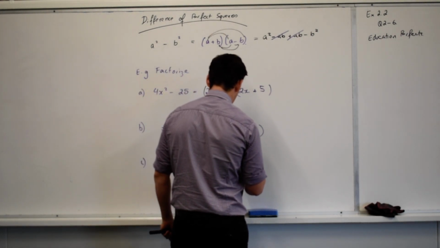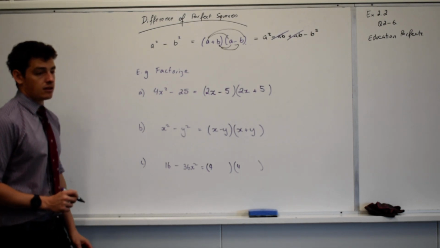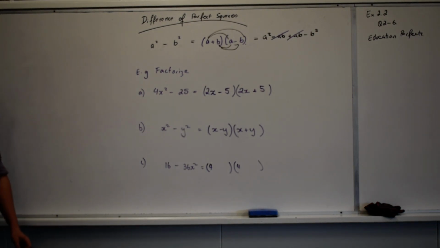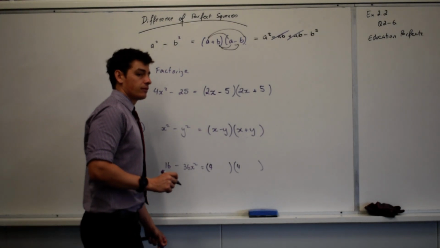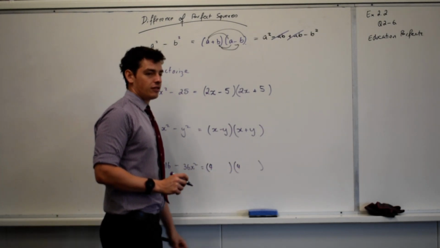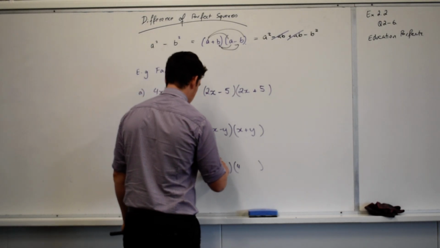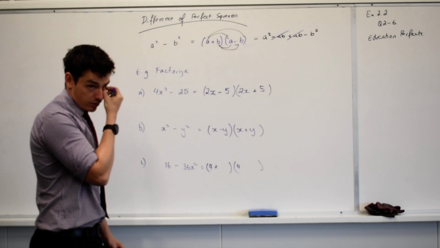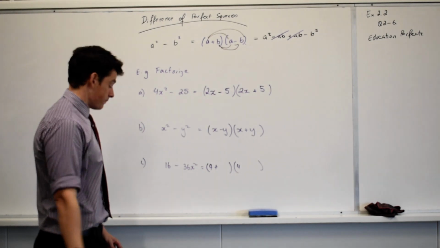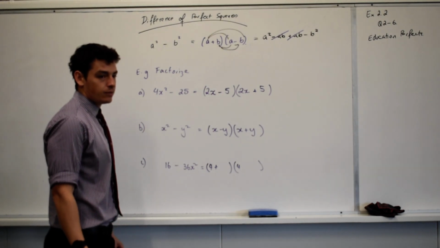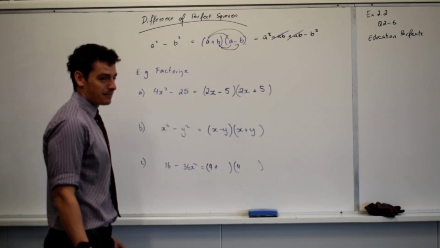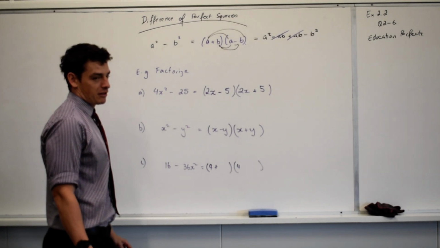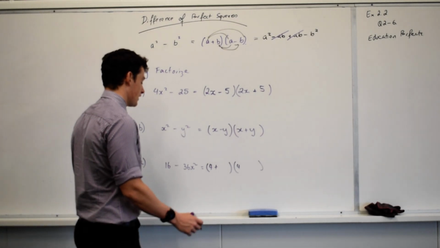And what goes next then? Let's go Ashley. Plus or minus? Plus? Just give me one of the values. There's two values, give me one of them. Have a go. 6, very good.